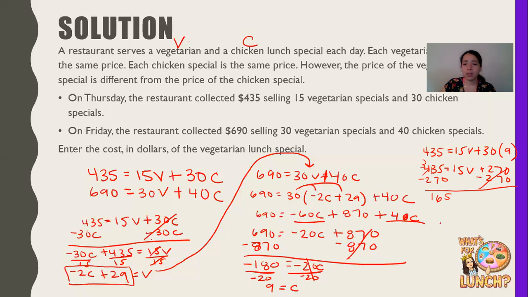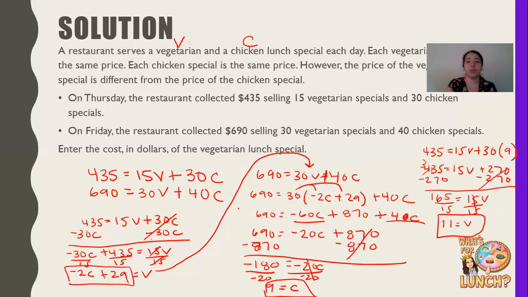Let me make sure that's correct. Equals 15V, and then I'm going to divide each side by 15 and type that into my calculator. This is our last thing for today. So we have two numbers: 11 equals V, and 9 equals C.